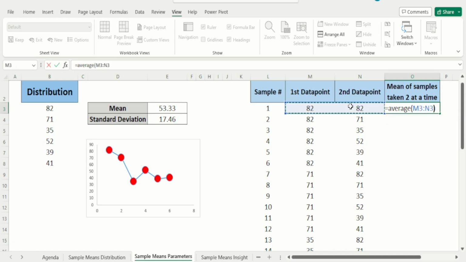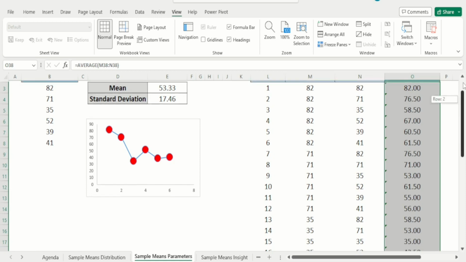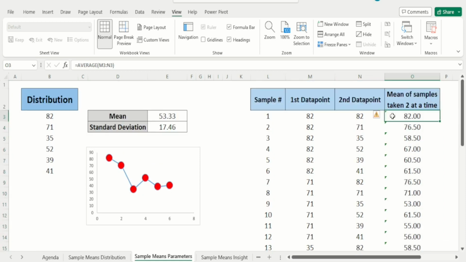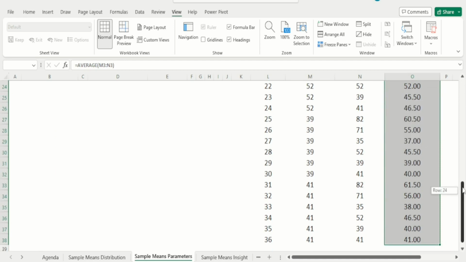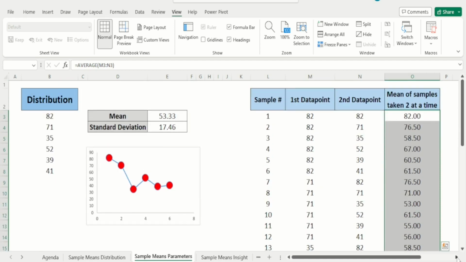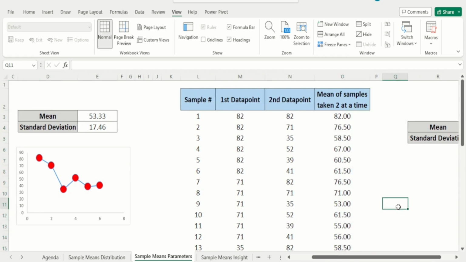If we take the average of these numbers, and there we are, we have the means for all the possible samples, all 36 samples. Now that we have the means, it is important to understand that these means by themselves also have a mean.